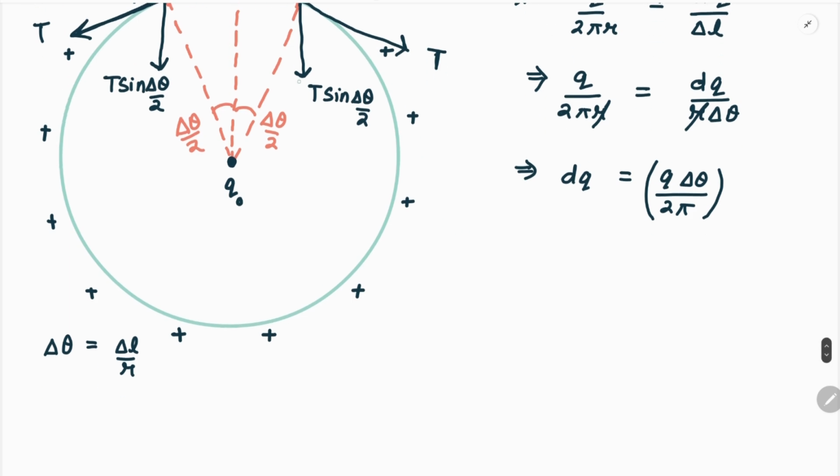And to calculate this additional tension which is generated inside this wire or the ring, we say 2T sine of delta theta by 2 is equal to the electrostatic force which is repelling the wire in the outward direction, and delta theta being very small.